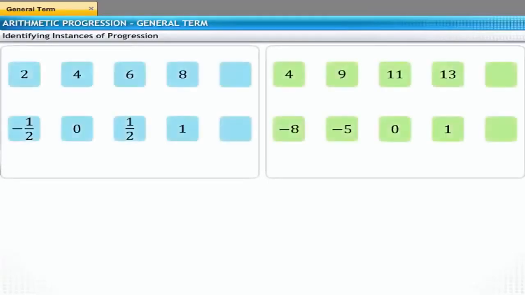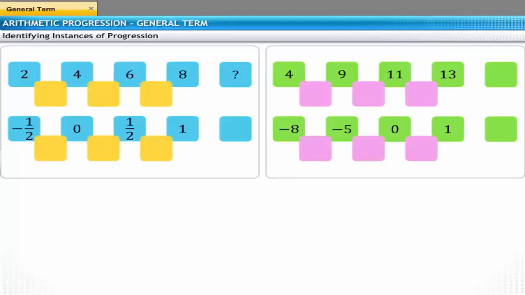To understand progression, take a look at some sequences. For example, consider the sequence 2, 4, 6, 8, and so on. You need to predict the fifth term in this sequence. If you analyze this sequence, you will find a constant between every two successive terms in the sequence.